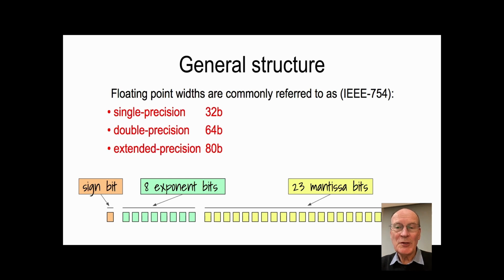And if we look at the 32-bit floating point number representation, it starts off with a sign bit, a single bit. Then we have 8 exponent bits and 23 mantissa bits. Now, the 8 exponent bits means that you're able to represent exponents as big as 255. Well, wait a minute, is it?